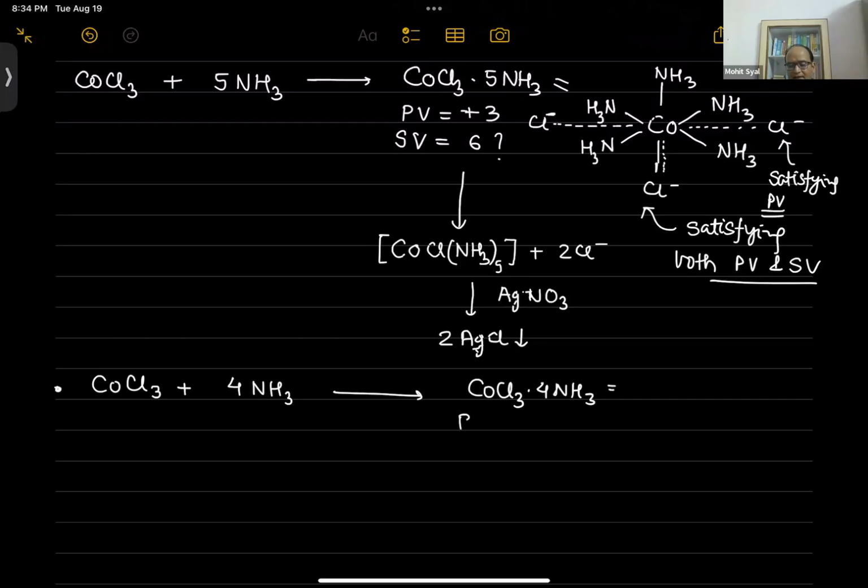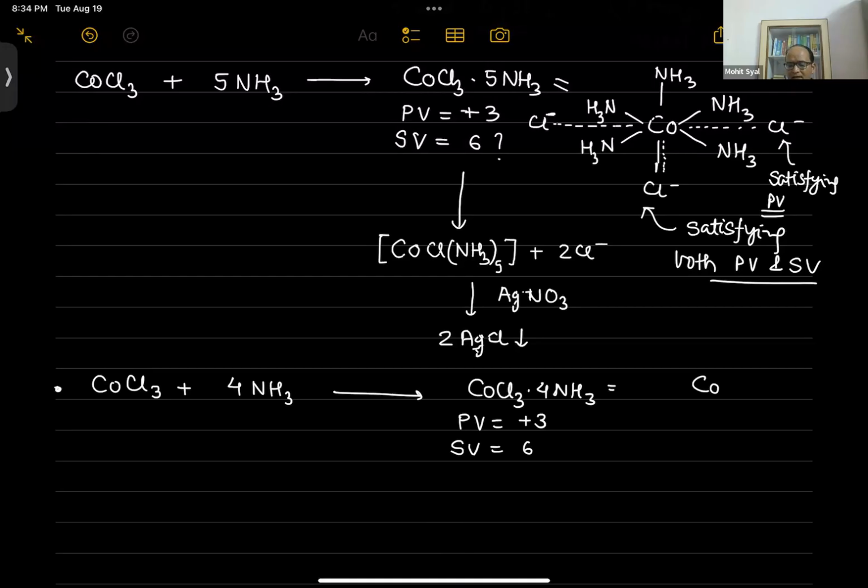The primary valency is +3 or 3, and the secondary valency is still 6, but there are only 4 ammonia molecules. So 2 of the Cl minus ions should simultaneously satisfy the primary as well as the secondary valencies.